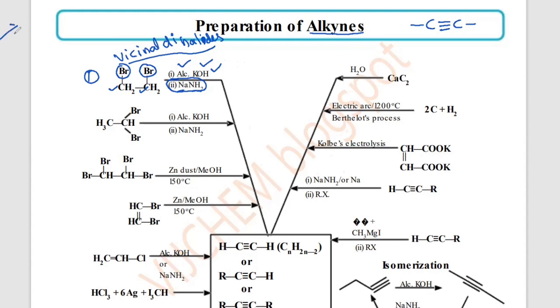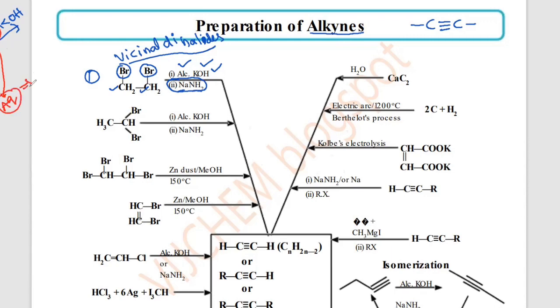Now, in the first step, always remember when the word alcoholic is used, it will cause elimination. If in this place I write aqueous, obviously that is going to be substitution. As it is mentioned alcoholic, therefore I have to eliminate.